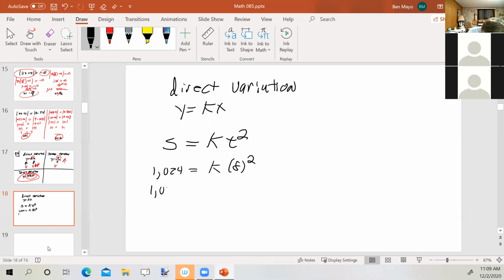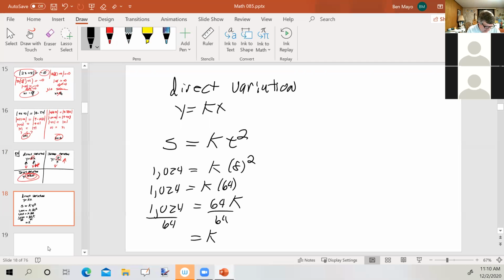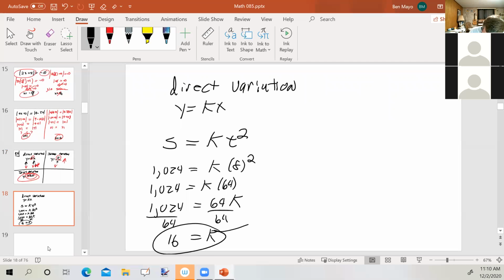So we're going to take the given information, and I'm going to put the 64 in front of the k and use this to solve for k, the variation constant. On my calculator, 1,024 divided by 64 is 16. So now that goes up here, and that's what my general equation for this problem looks like.